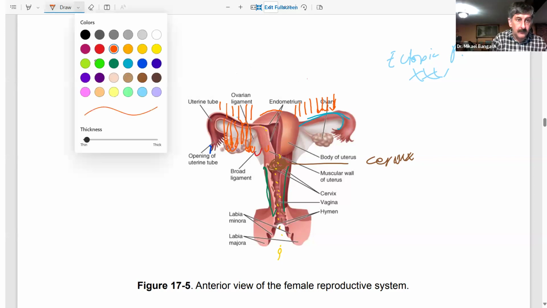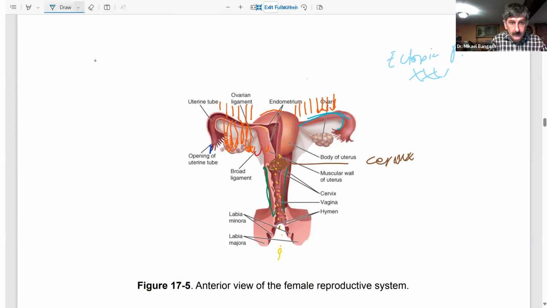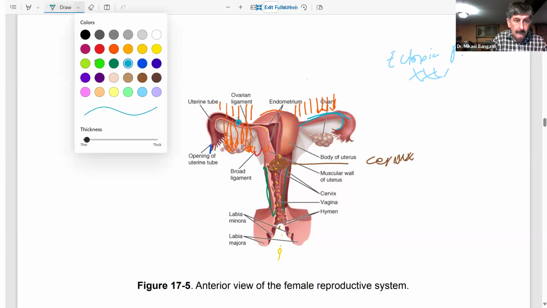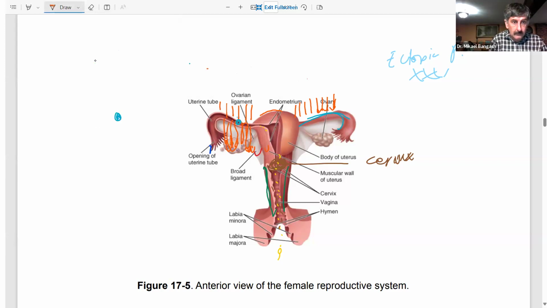So if you look at the fallopian tube, what do we have? At the back of the fallopian tube, peritoneum runs down, peritoneum comes up, runs anterior onto the fallopian tube, and comes down like this again.